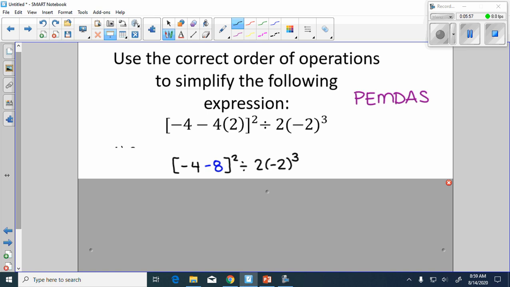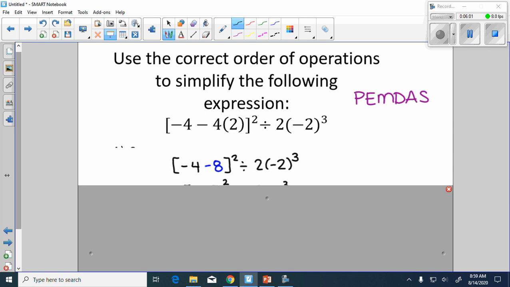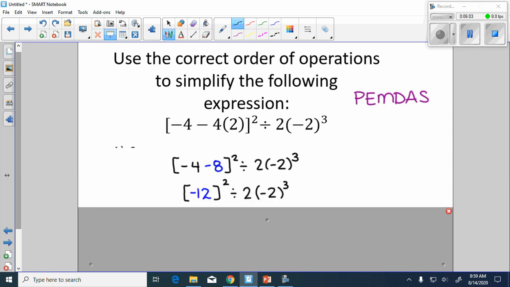So in the parentheses, it's going to take me a couple of steps. I get -8 for that product, and -4 minus 8 is -12. So now we've done all of the grouping symbols.